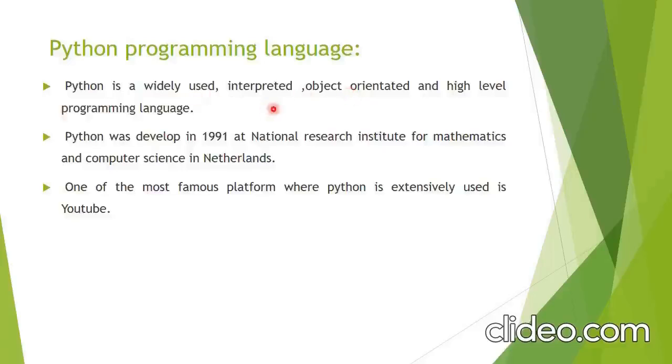It is object oriented because it supports procedures as well as objects. Objects mean it supports classes and polymorphism. All these concepts are supported in Python, and Python was developed at the National Research Institute in the Netherlands. It was designed quite before 1991, and the most famous platform where Python is extensively used is YouTube. Nowadays also YouTube uses the Python programming language.